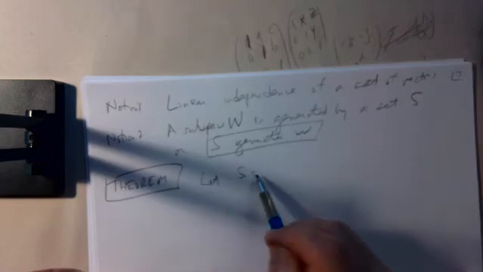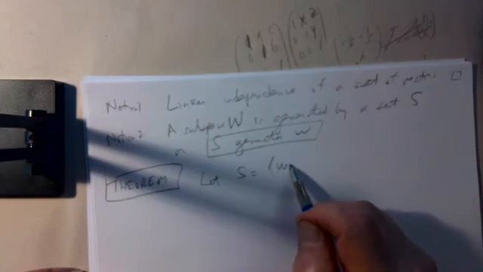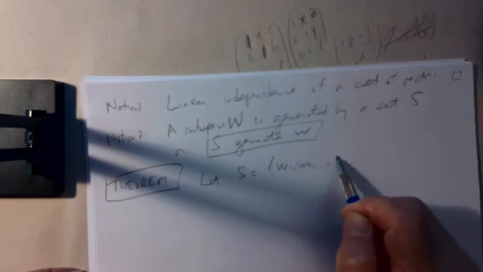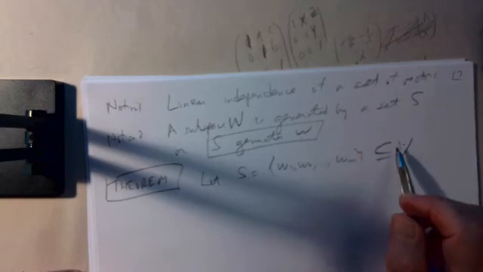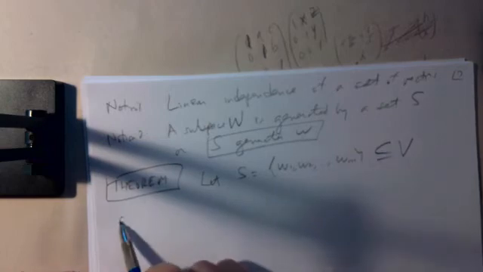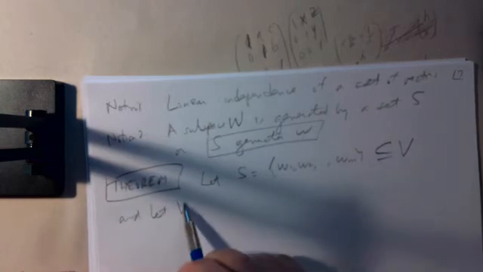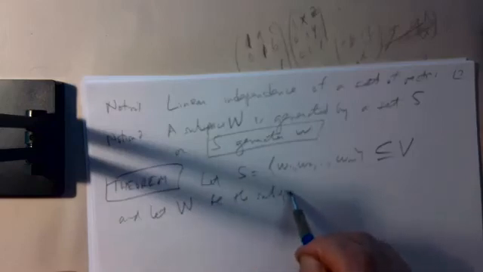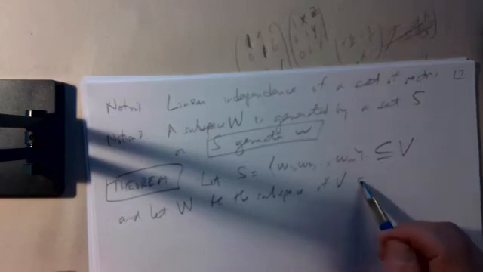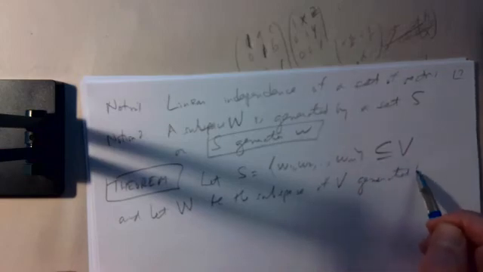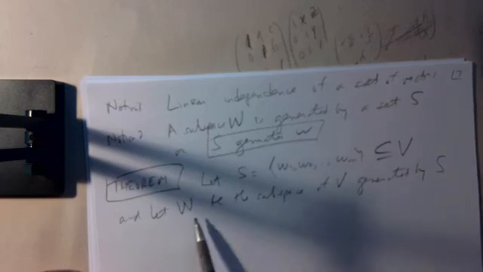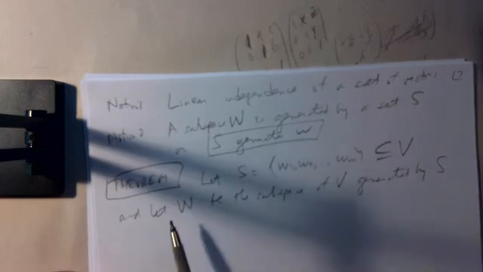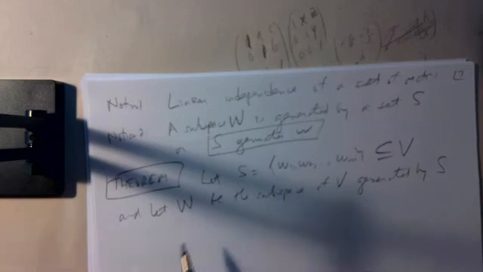Suppose that S is a set of m vectors, W1, W2 up to W sub m. That's a subset of V. And let W be the subspace of V generated by S. That means that every vector in W is a linear combination of vectors in S.